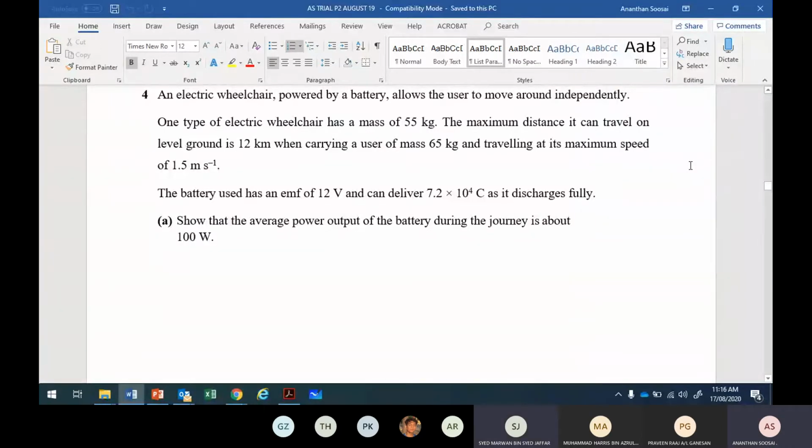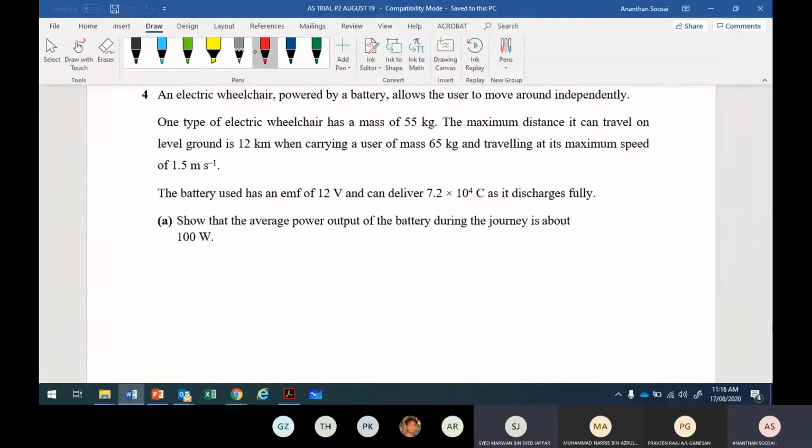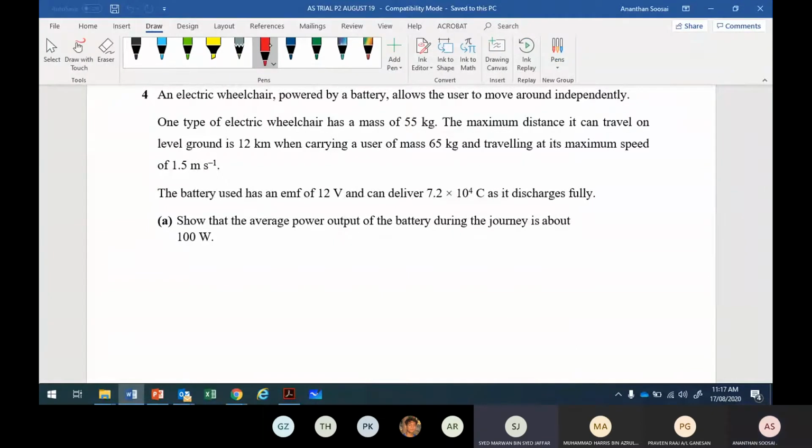An electric wheelchair powered by a battery allows the user to move around independently. One type of electric wheelchair has a mass of 15 kilograms.